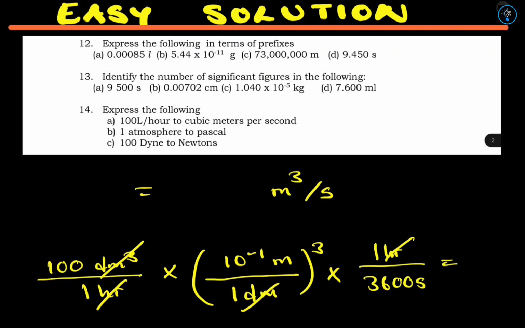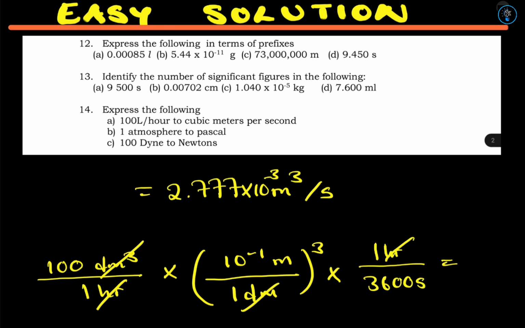Then it's just a matter of punching this in. So 100 times 10 to the power negative 1, divided by 3600. You're going to get a value of 2.777 times 10 to the power negative 3.